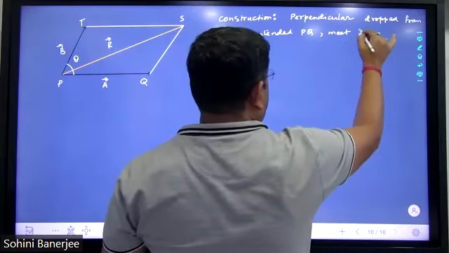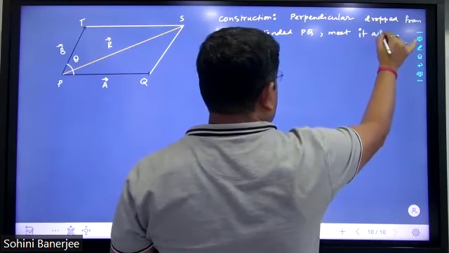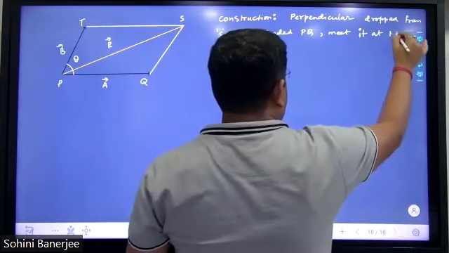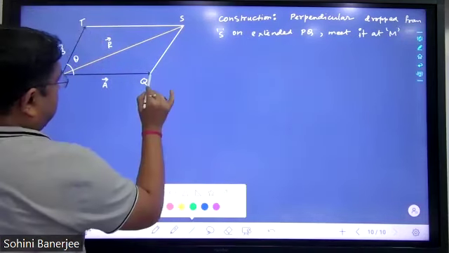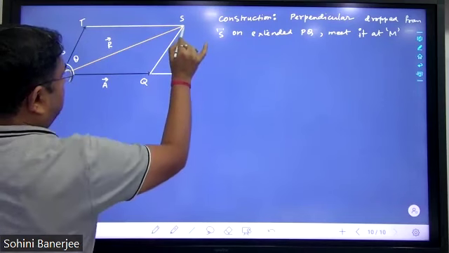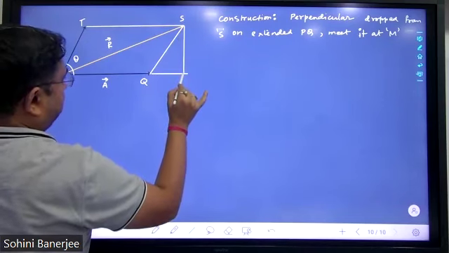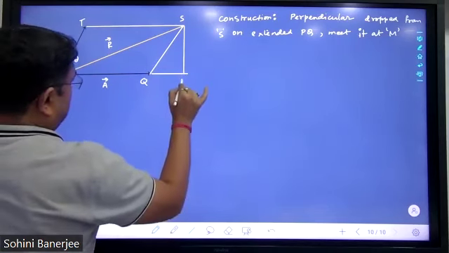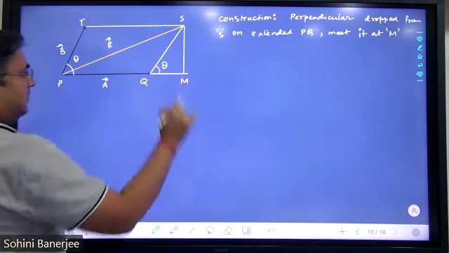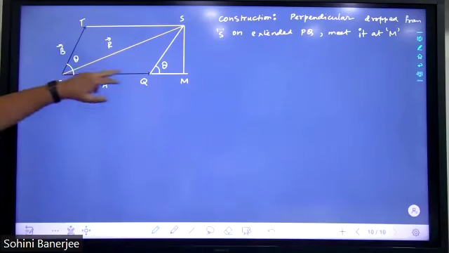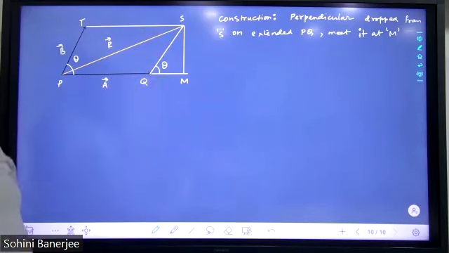Make it at M. This is extended PQ. Perpendicular is dropped from S. This is M. So this theta angle, this angle and this angle are the same for a parallelogram.